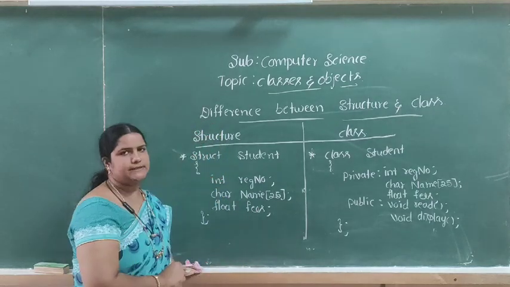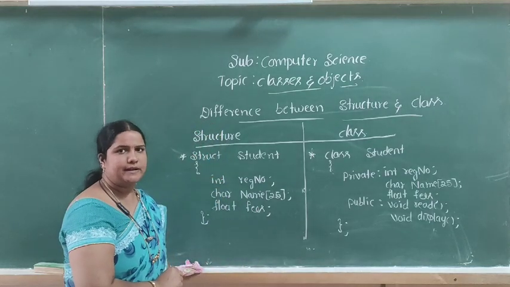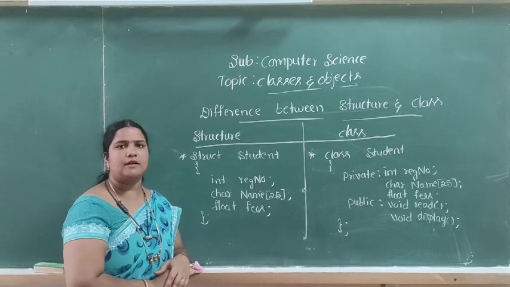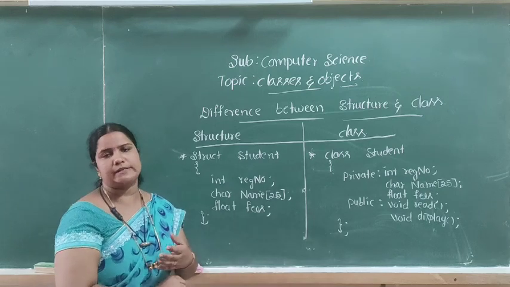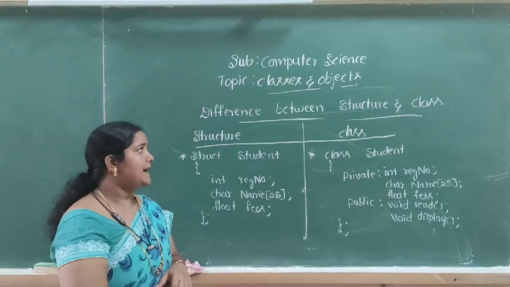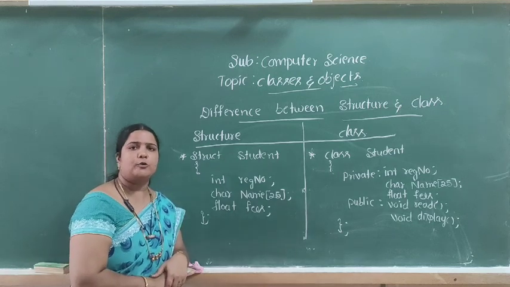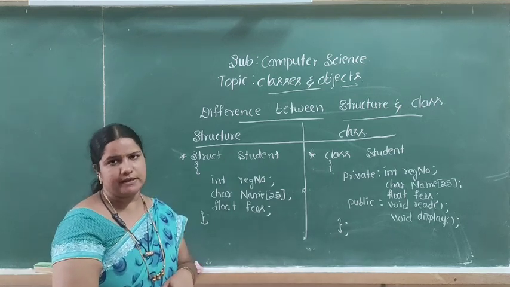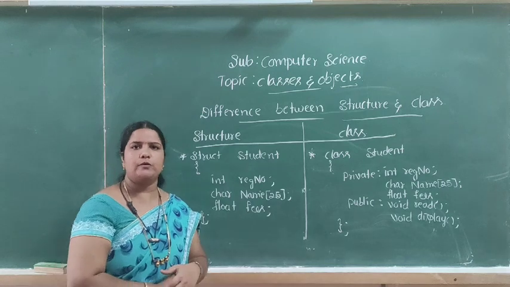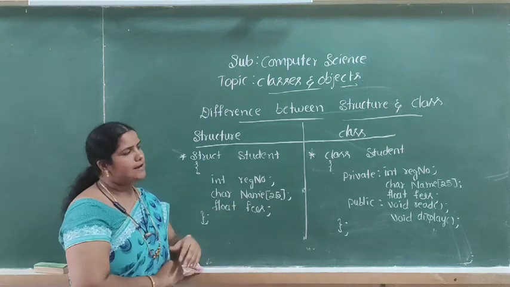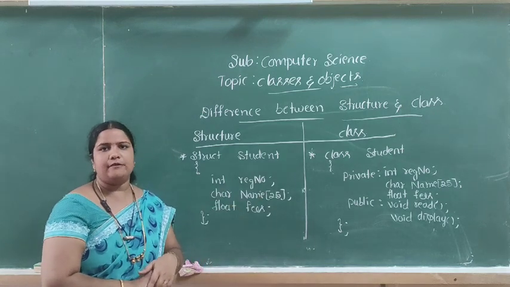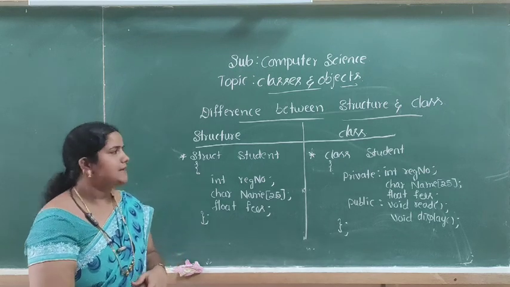So these are some differences between structure and class. A structure is a collection of heterogeneous elements of the same or different data types, but a class is a collection or grouping of objects. Struct is a keyword used to define the structure, and class is a keyword used to define a class.